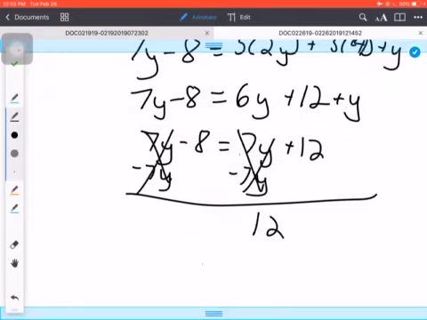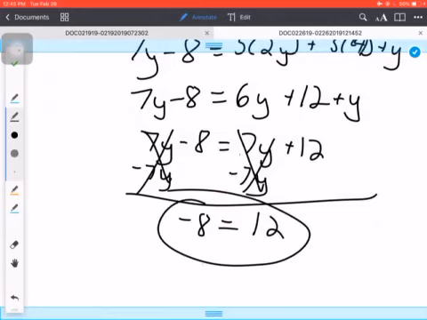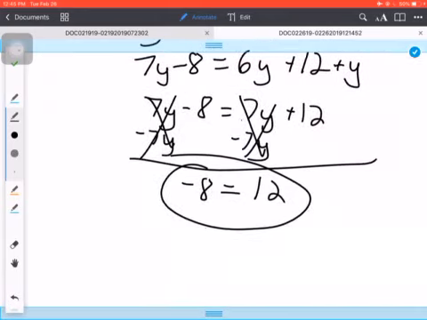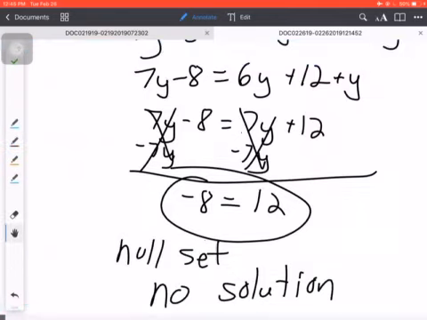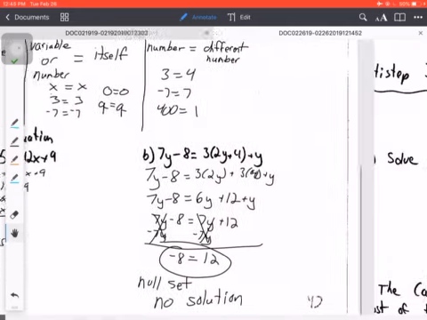This also creates a 0 pair, and I'm left with just negative 8. These are not the same number. So what we would say is this is a null set and no solution. All right, let's look at our next example here now.